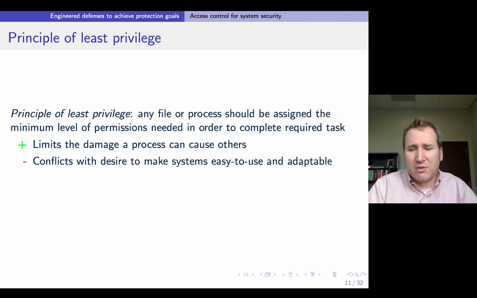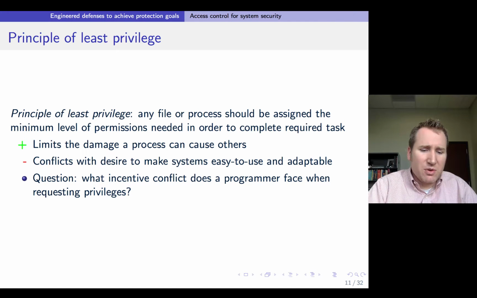So there is a long-standing tension between this very nice ideal principle and how it gets implemented in reality. And so you can think about this by thinking of what are the incentive conflicts that programmers face whenever they request privileges. So a programmer wants to get his task completed. He wants to make this work and make it work as seamlessly as possible. And he may only have a passing interest in whether or not the actual task itself is secure.